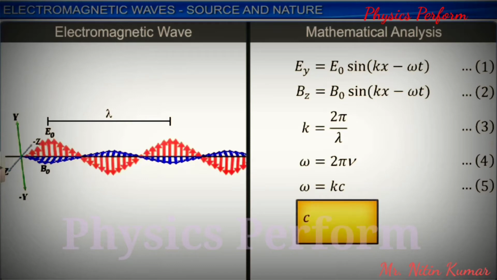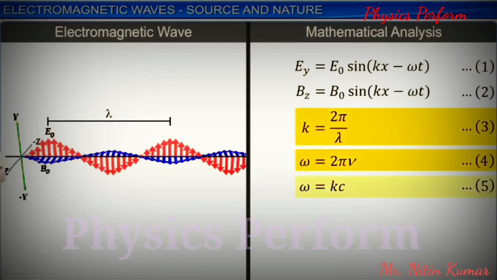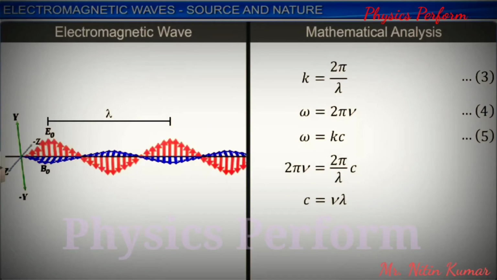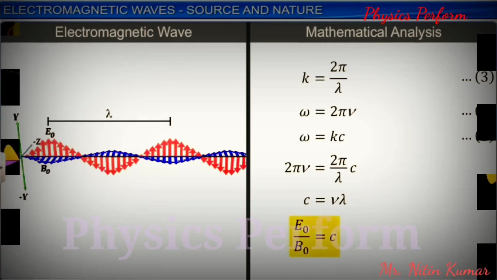On substituting the equations 3 and 4 in the equation 5, we get c is equal to nu lambda. From Maxwell's equations, we also get the relation between the maximum values of the electric field and the magnetic field as E naught by B naught is equal to c. That is, the ratio of maximum value of the electric field to maximum value of the magnetic field of an electromagnetic wave is equal to its velocity.